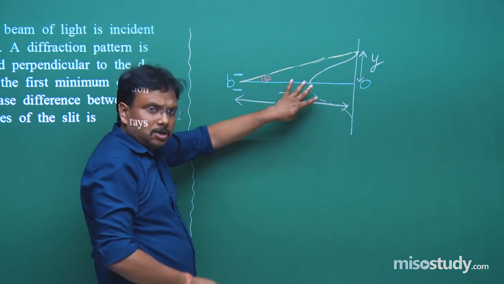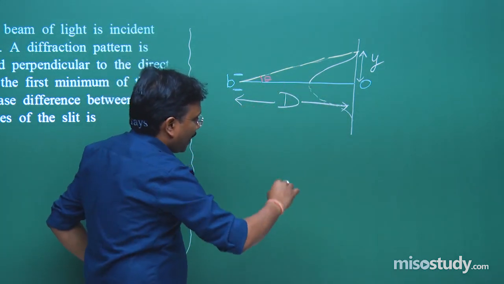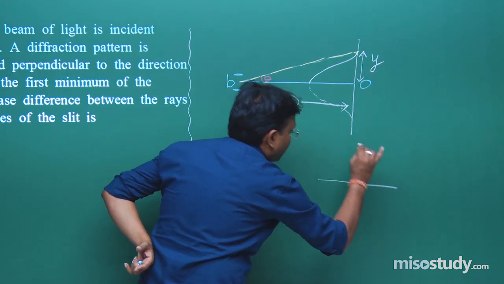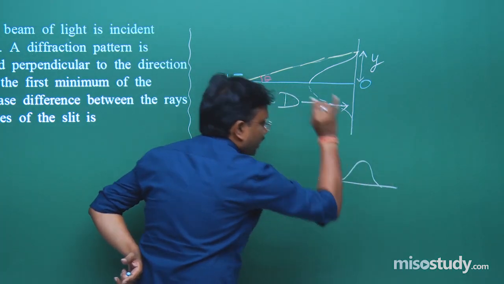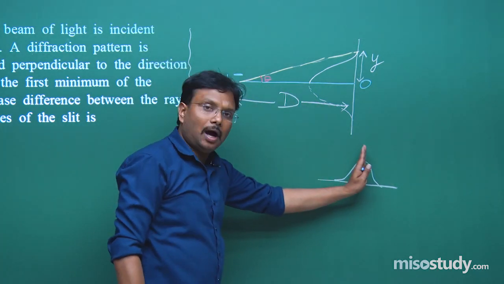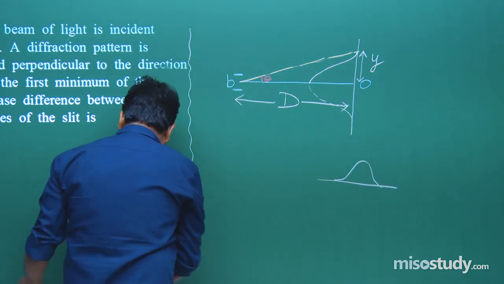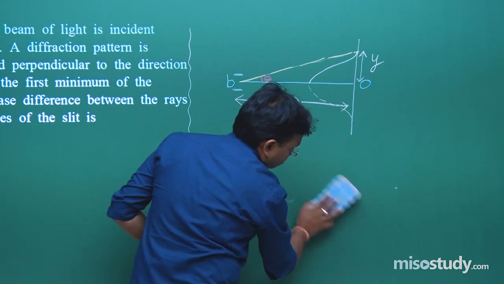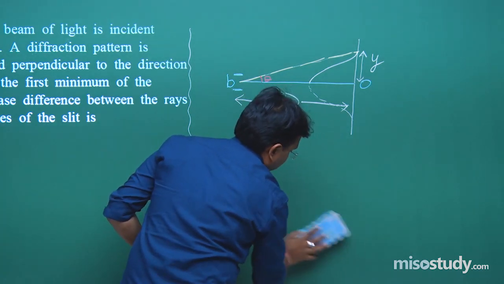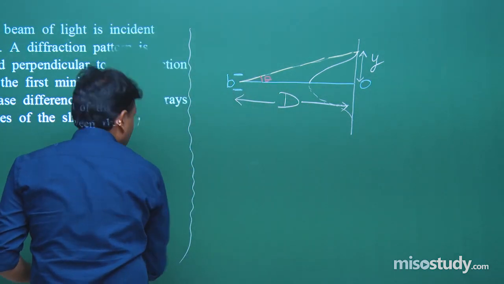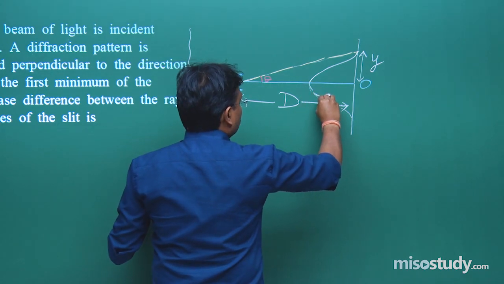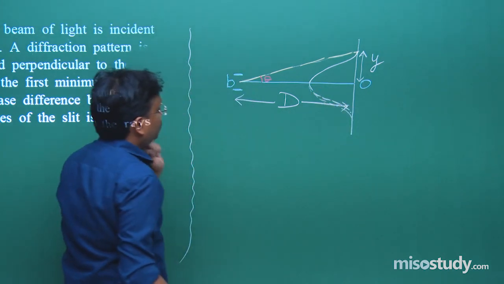Fine. I am not drawing that because the pattern is somehow like this. So here I am just showing you the first half. The next half you can imagine. This portion is something which you can assume.